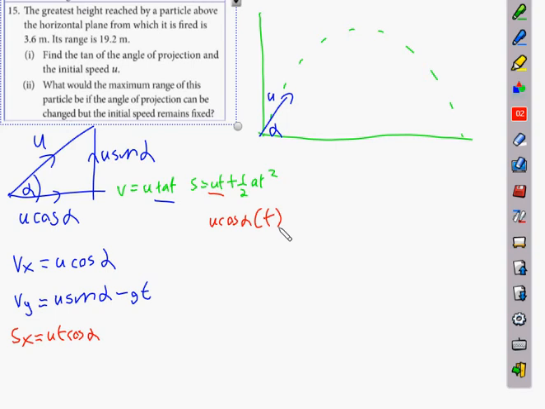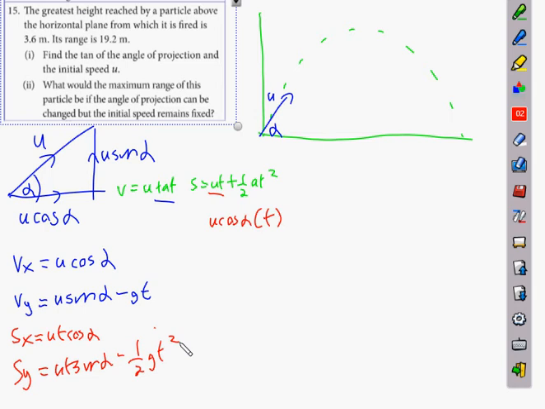Sorry, that's Sx, I was thinking it was Sy for some reason. When you do a quick check on a horizontal plane, make sure only y has gravity in it. So Sy is going to be ut sin alpha minus a half gt squared. They're your four formulas. They're always the same for any given situation, though you might get a different letter to use.